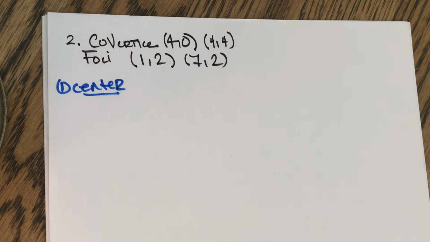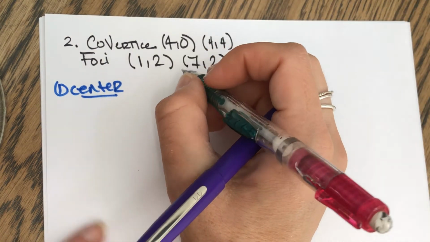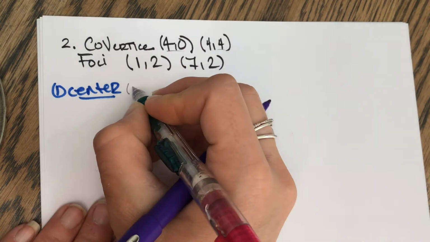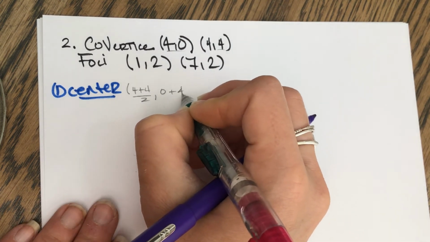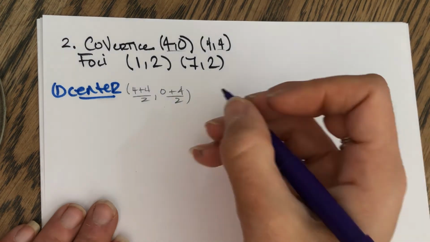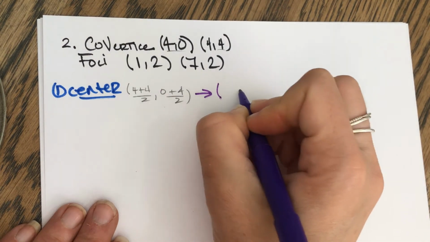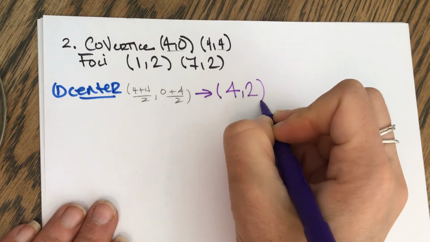To find the center, remember, I don't care which one you guys take. Take whichever is easiest for you. Here, look, I'll use your co-vertices because they're smaller. So I got 4 plus 4 over 2 and 0 plus 4 over 2. So what's my center? 4, 2.